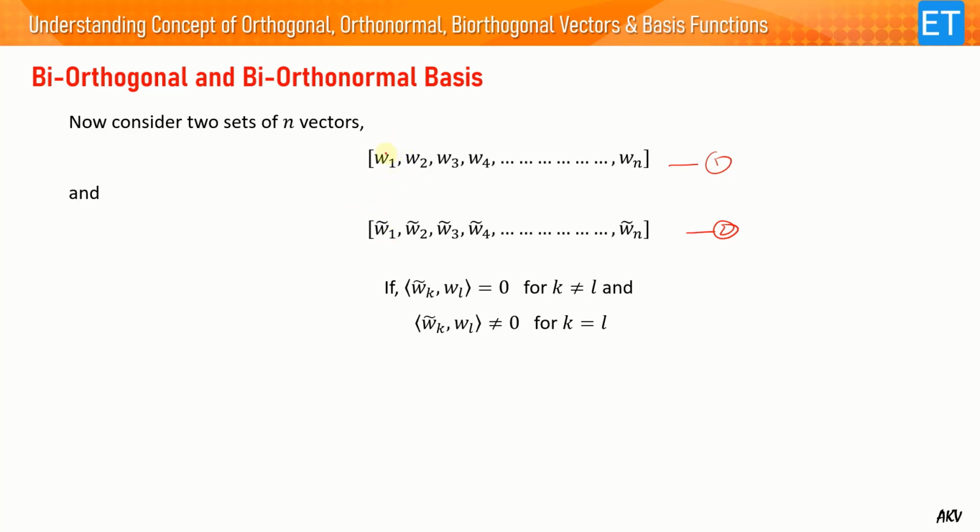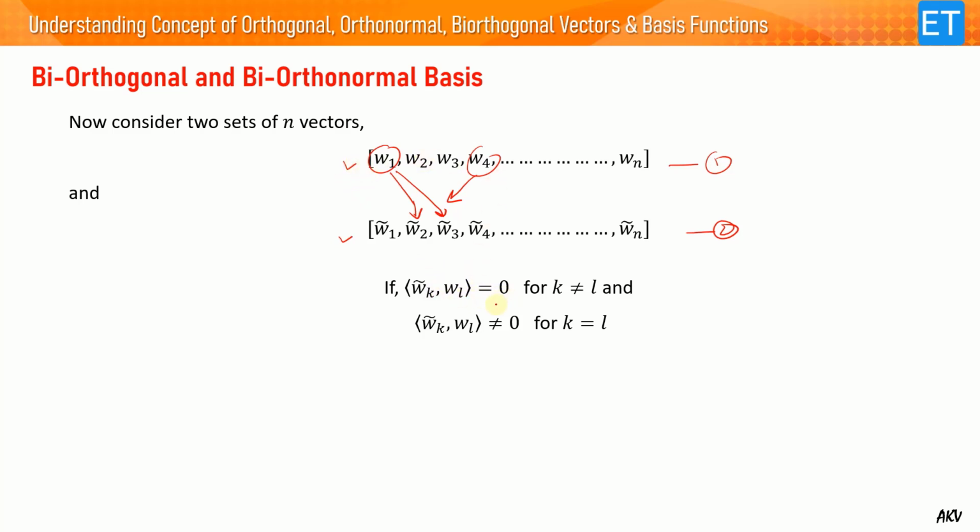That means w1 is orthogonal with w2, w1 is orthogonal with w3, w4 orthogonal with w3, I mean any pair, right? So wk tilde, that is one element from this set, is orthogonal with one member from this first set.